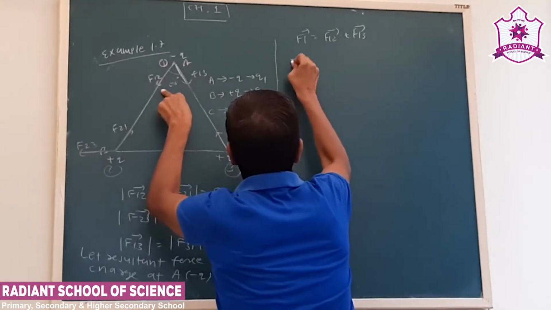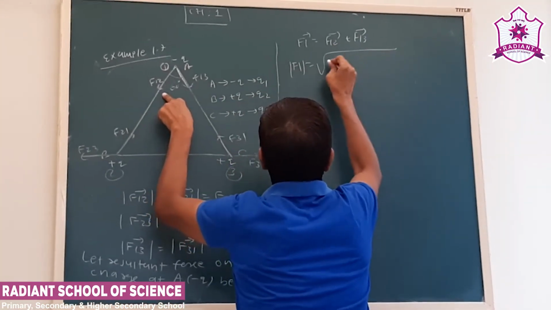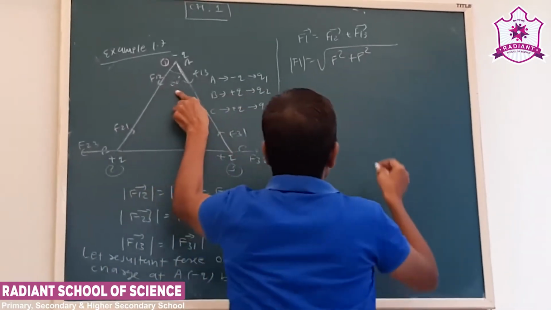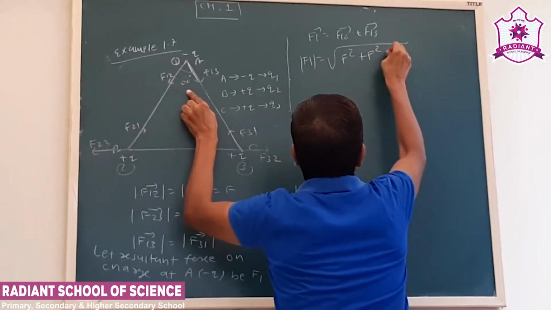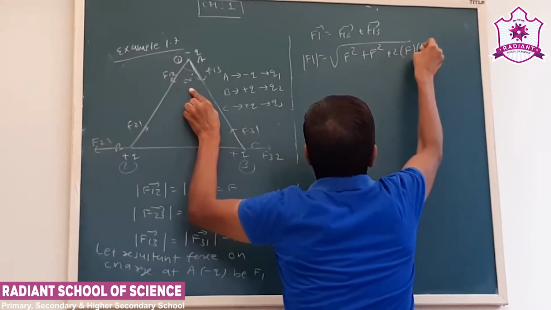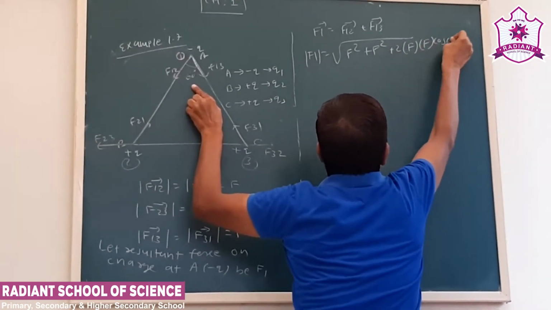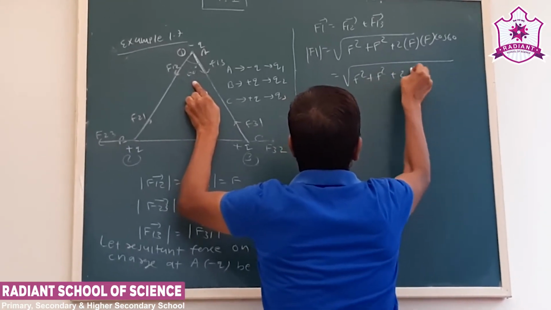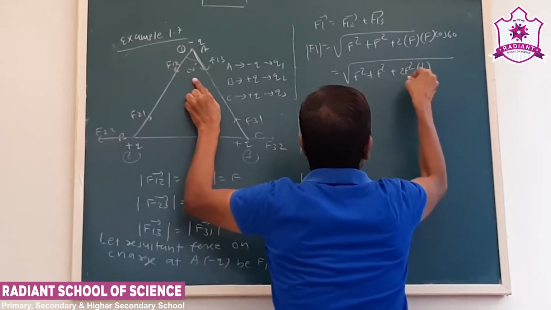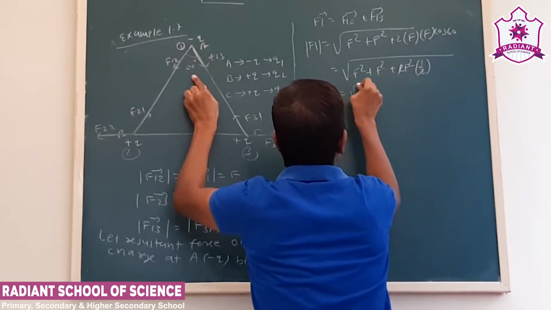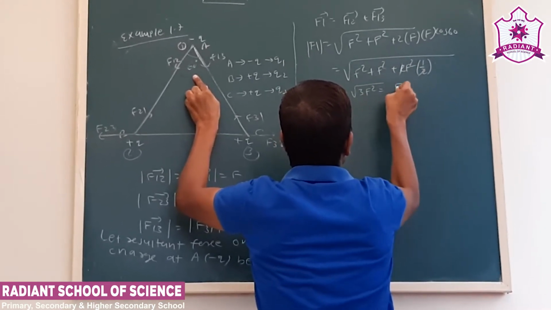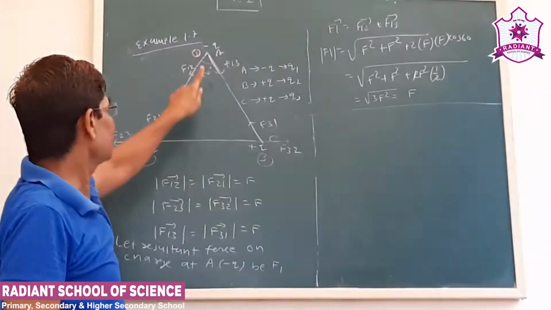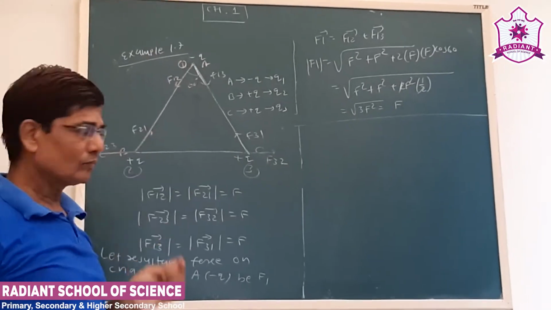So F1 magnitude is the square root of F square plus F square, with the angle being 60 degrees. Okay, this is the resultant force on charge minus Q, which is at A.